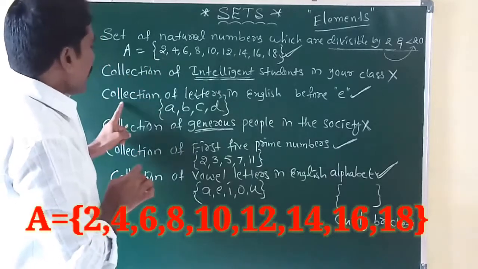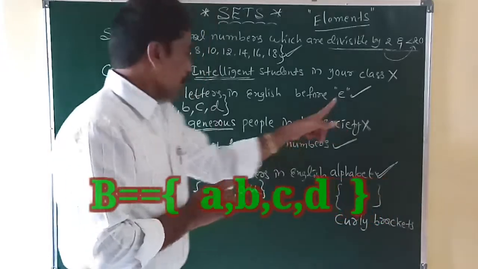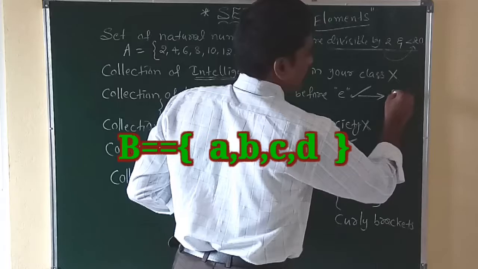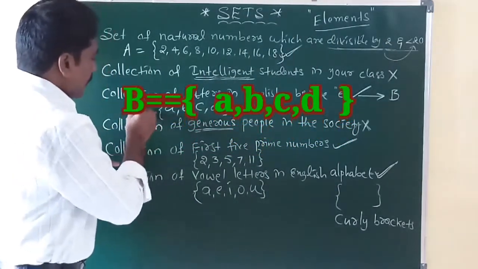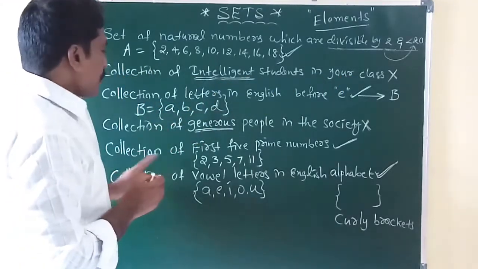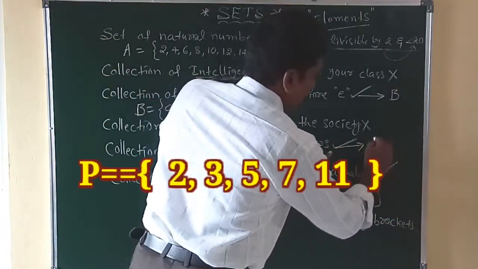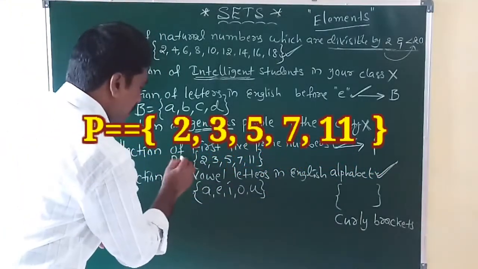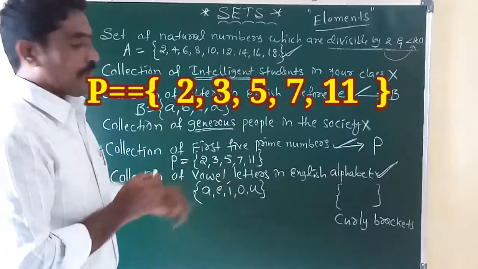Similarly, the collection of letters in the English alphabet before E can be denoted by the letter B, so that we can list out the elements: set B is equal to A, B, C, D. The collection of the first 5 prime numbers can be denoted by the letter P, so set P is equal to 2, 3, 5, 7, 11.